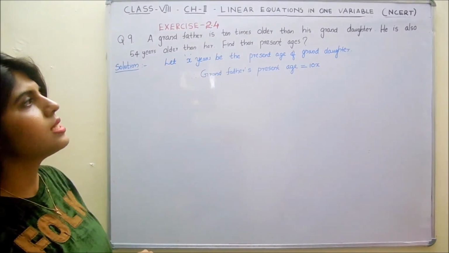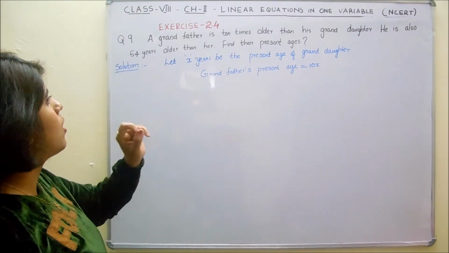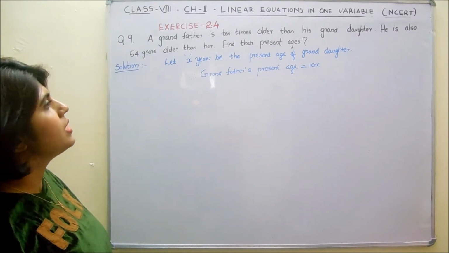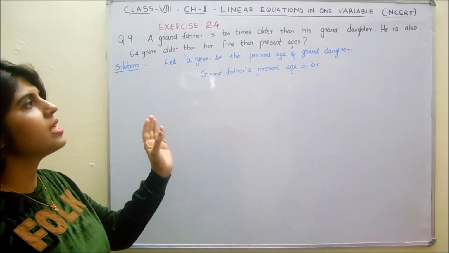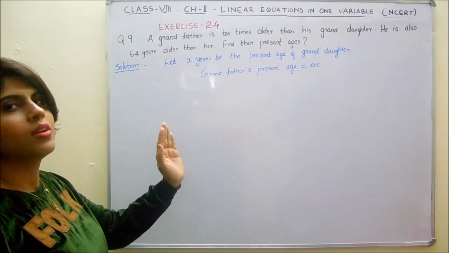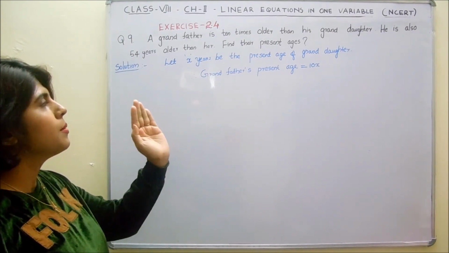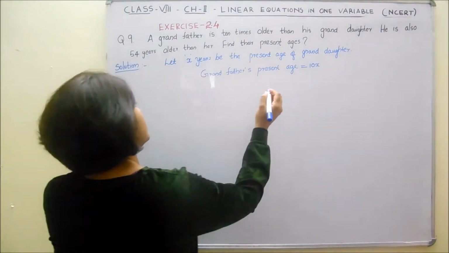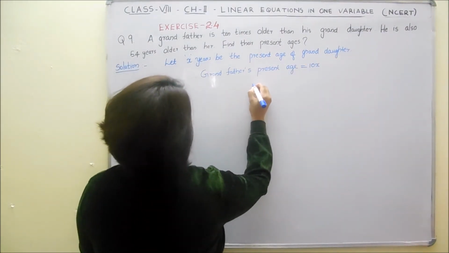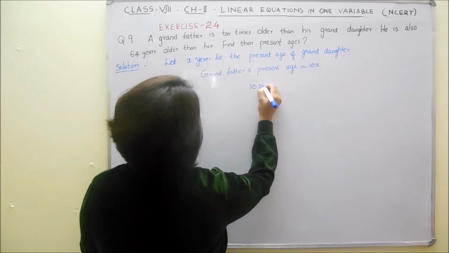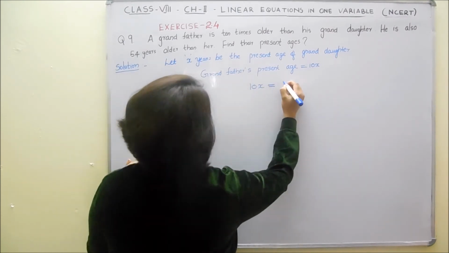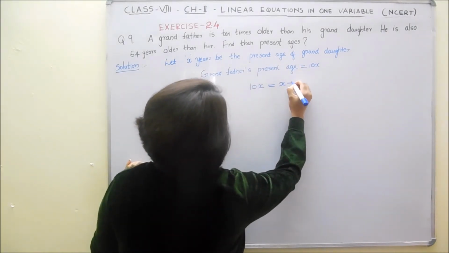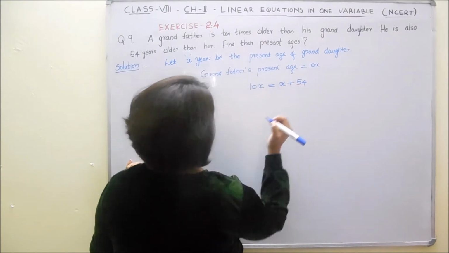Second sentence, you can see that he is also 54 years older than her. That means grandfather's age equal to 54 years plus granddaughter's age. Right? So from this we can form an equation. Grandfather's age 10x equal to 54 years older than granddaughter's age. Granddaughter's age is x plus 54.